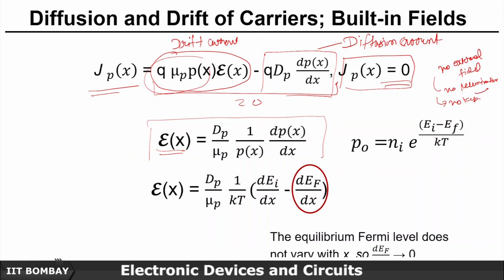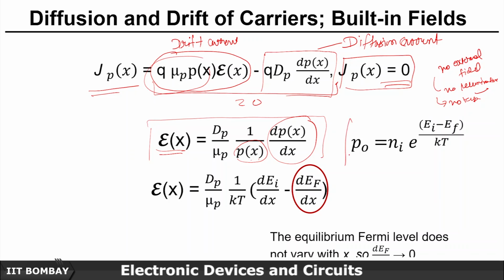So the electric field is equal to Dp, the diffusion coefficient, divided by the mobility mu p, divided by the concentration of the holes, times the rate of change of the hole concentration profile. So now we need to come up with the expression for these holes, p(x). If we have that expression, we can plug it in and take a derivative of it, and then we see what happens basically.